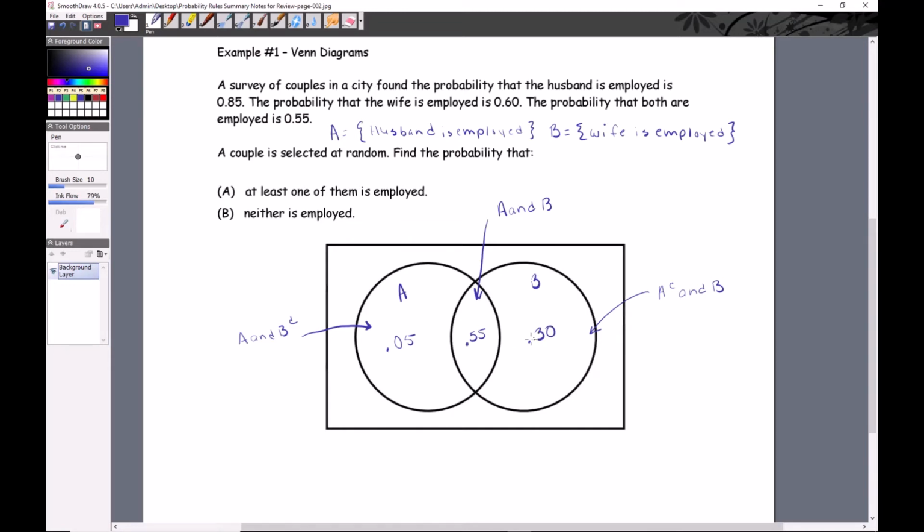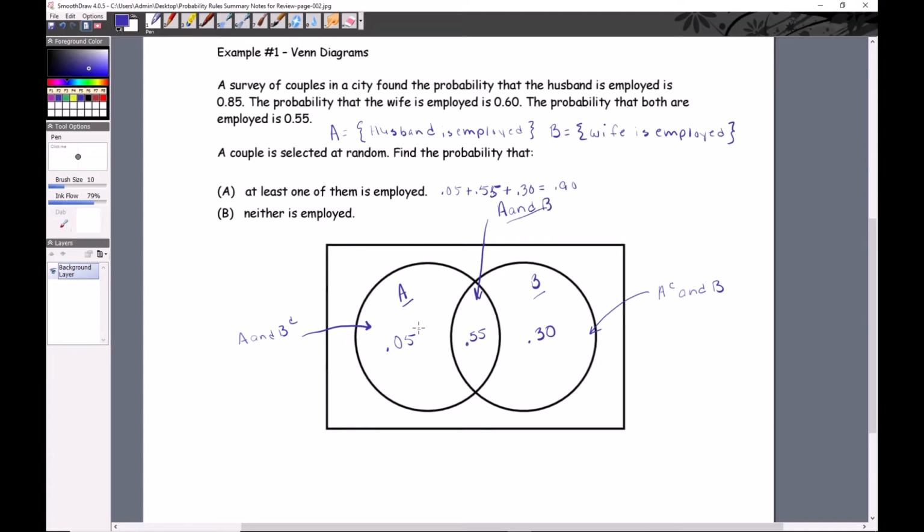At least one of them employed would be that A is employed, B is employed, or both are employed. So we can just list that as 0.05 plus 0.55 plus 0.30, which is 0.9.